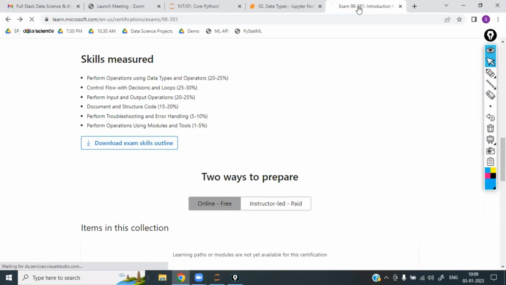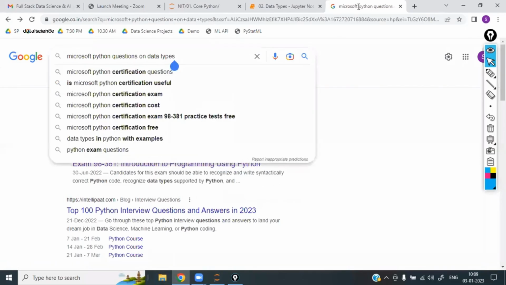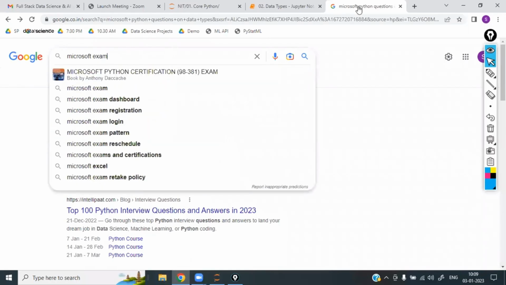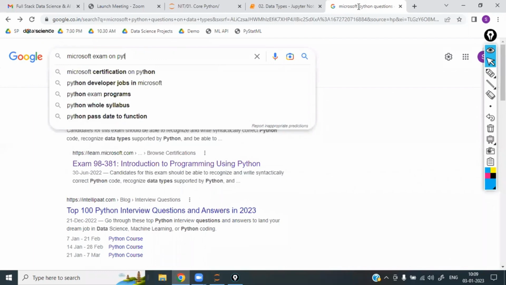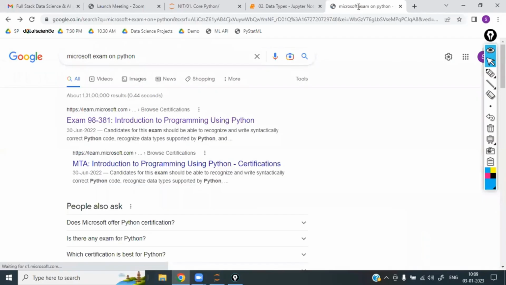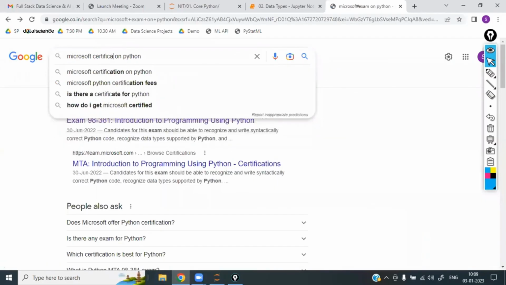You can directly get this by typing in Google Microsoft exam on Python, or Microsoft certification on Python. The first website is that one only. Instead of exam, write certification.